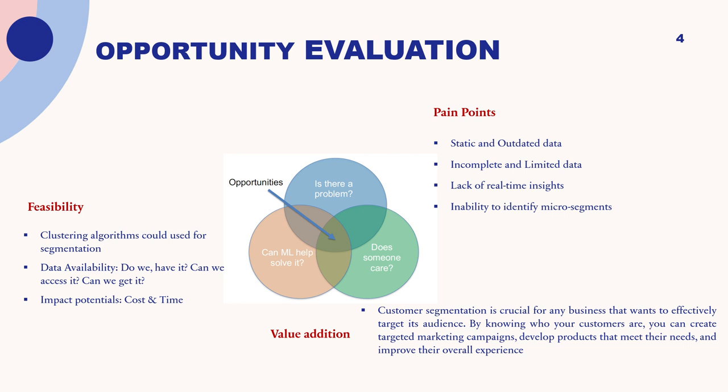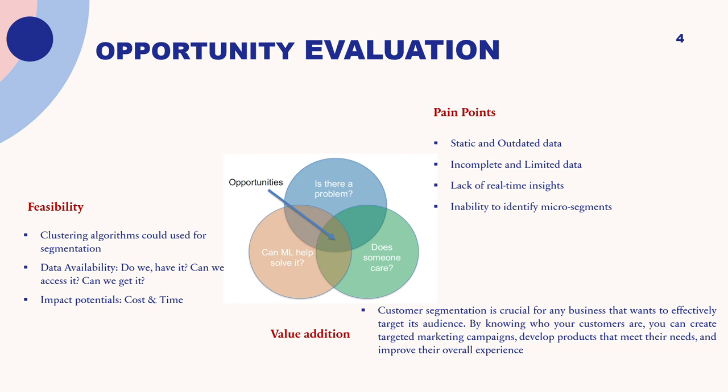With a manual approach, it's not possible to scale, and the frequency of doing the segmentation will also not be that great, resulting in incomplete and limited data. Real-time insights are also difficult because the efficiency will be lower. Of course, you cannot identify microsegments without automation.